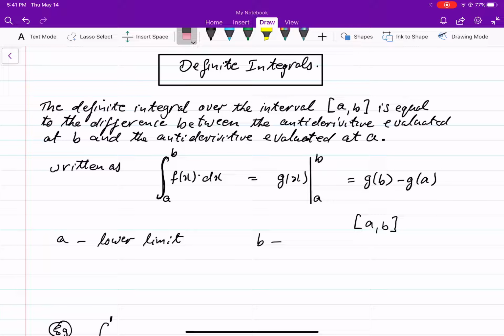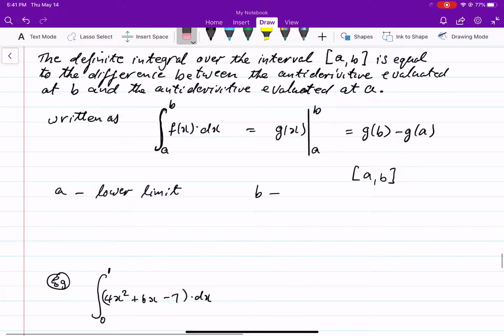You plug the upper limit into the antiderivative, so you get g of b, minus g of a, where you plug in the lower limit. A is your lower limit, b is your upper limit. Sometimes they use the word boundary.